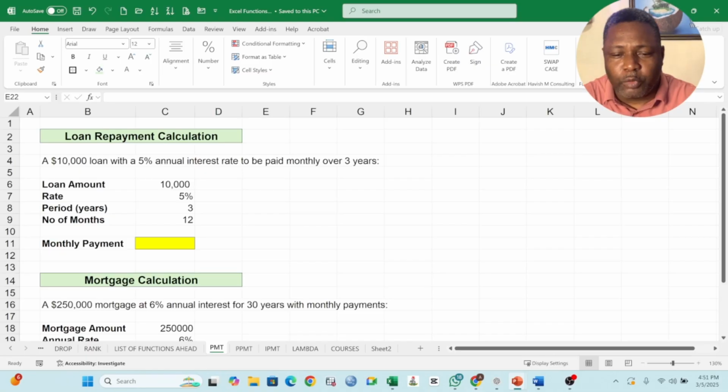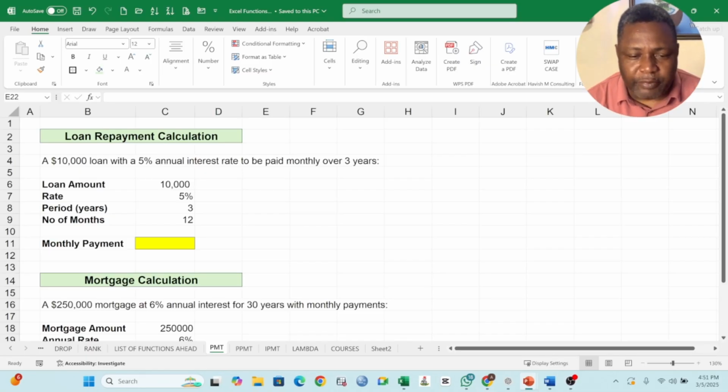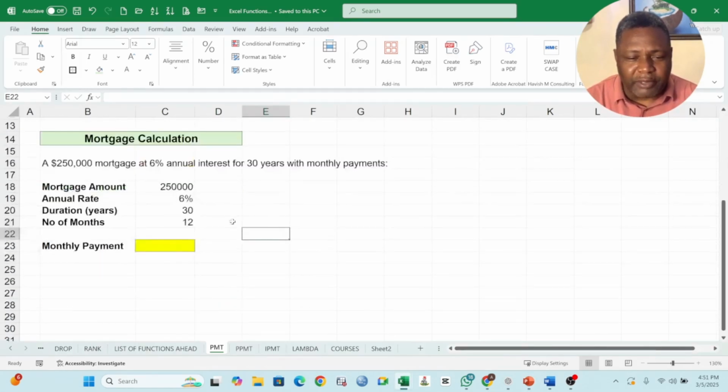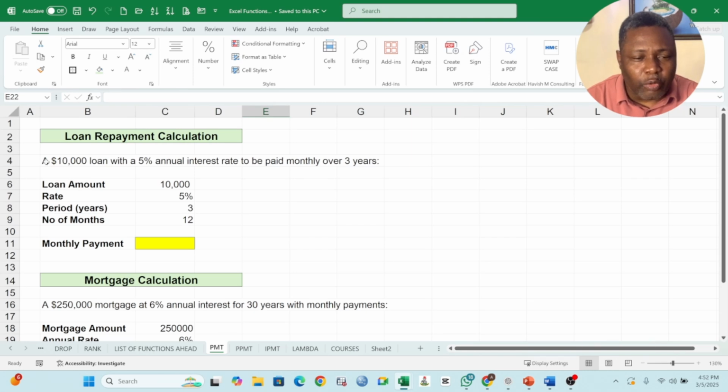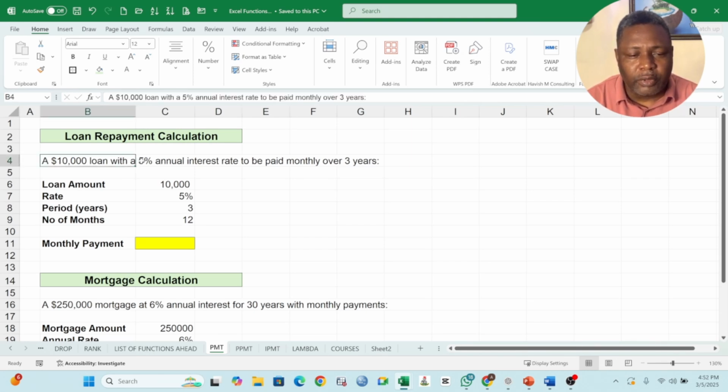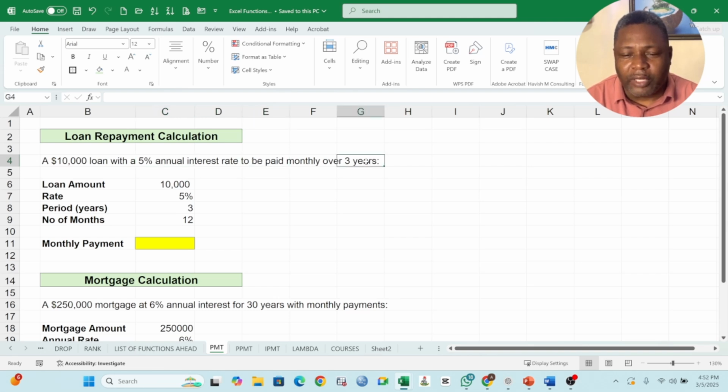So now let's look at these two examples to see how the PMT function is calculated. A $10,000 loan with a 5% annual interest rate to be paid monthly over 3 years.